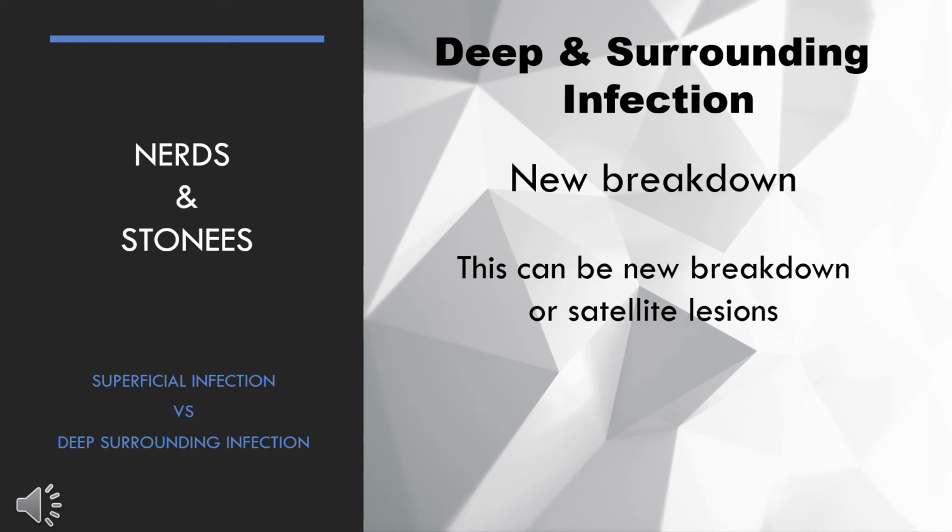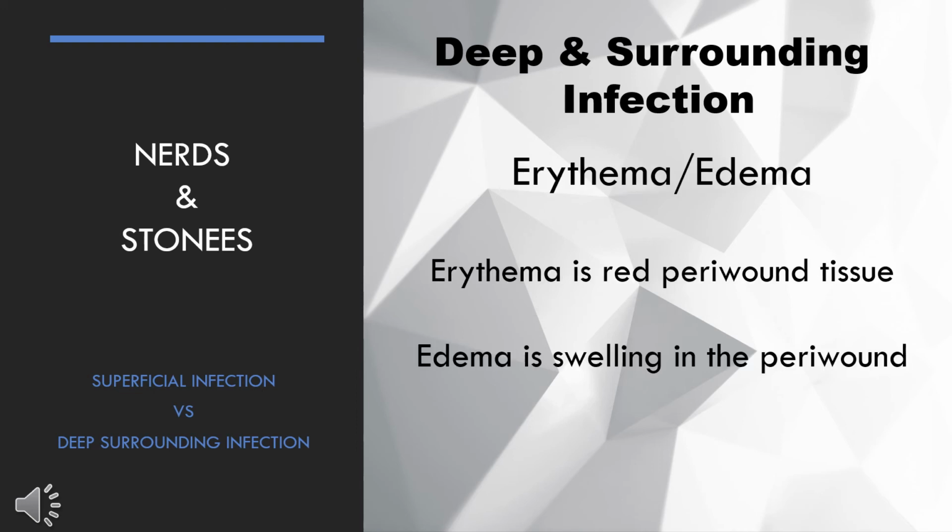New breakdown may be in the wound base or satellite lesions around the wound. Erythema or edema. Erythema is red peri-wound tissue. Edema is swelling in the peri-wound.